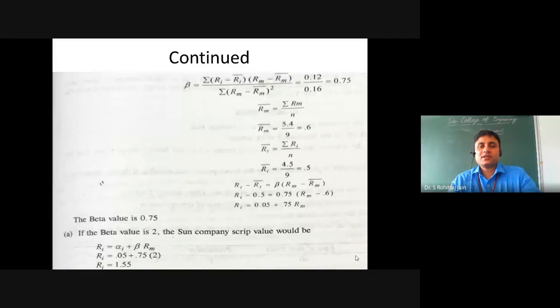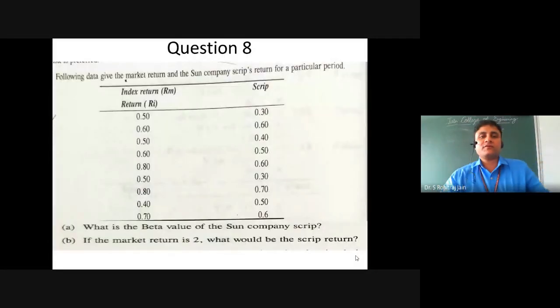Students, I'll explain you once again this problem so that there'll be no confusion for all of you. Please concentrate. Now they have given me index return as well as scrip return. You need to calculate the beta value of the company, and as far as the B part is concerned, if the market return Rm is 2, what could be the scrip return?